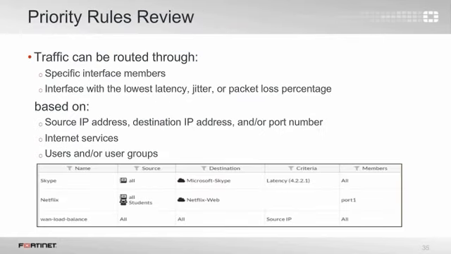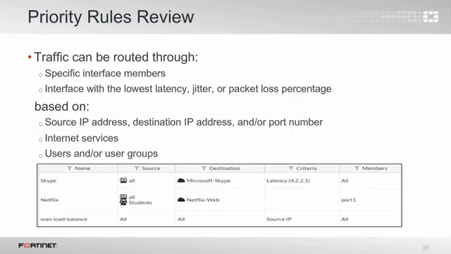Once WAN link load balancing is enabled, FortiGate starts balancing traffic among all the interface members based on the load balancing method that you select. Priority rules allow you to be more specific about what traffic you want to route through which interface member. You can use priority rules to route traffic through specific interface members, or through the interface with the highest link quality.